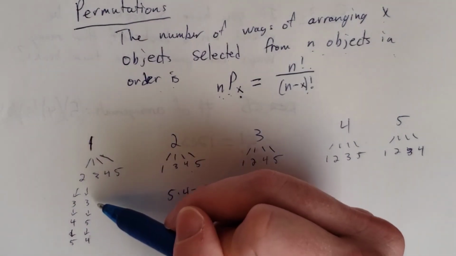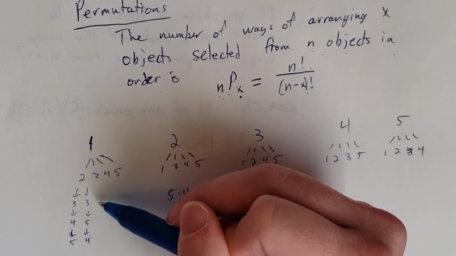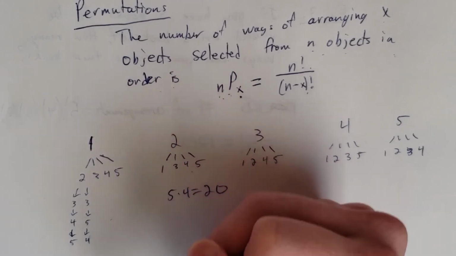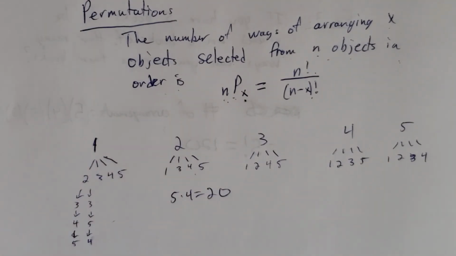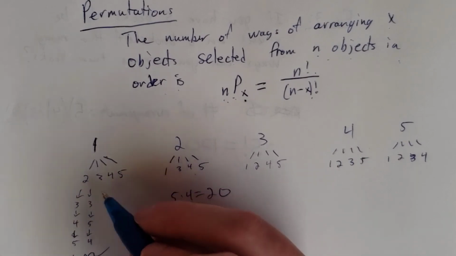And then similarly, we could have had the 4th person get 3rd place. So 4, 5, 3, or 4, 3, 5. And then the same thing if the 5th person was 3rd place.